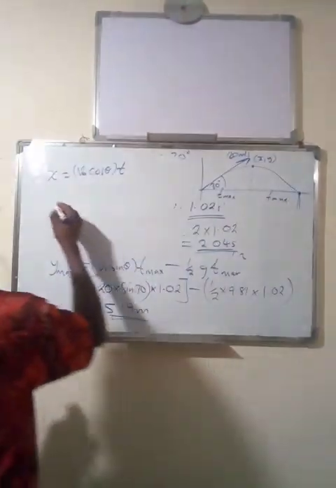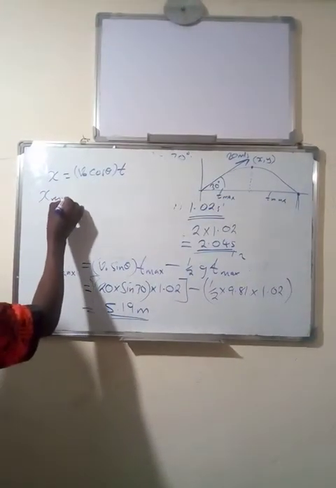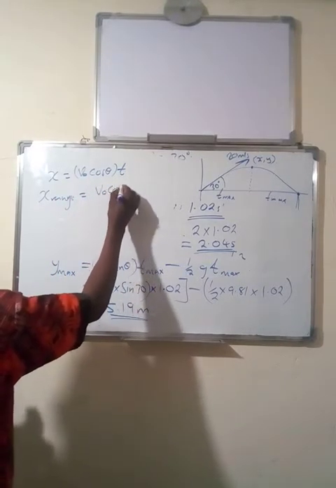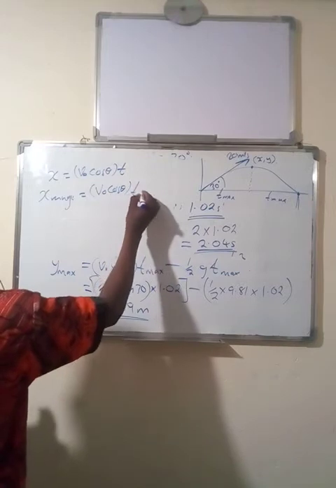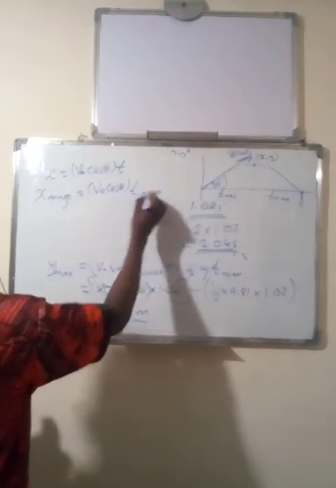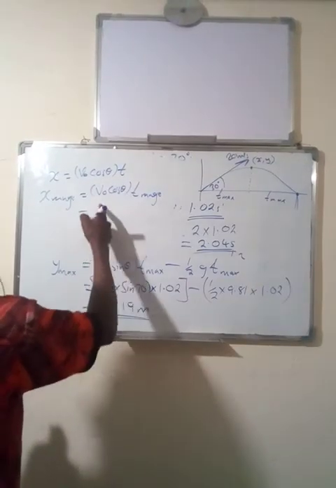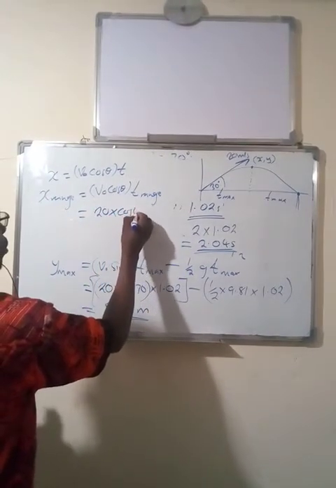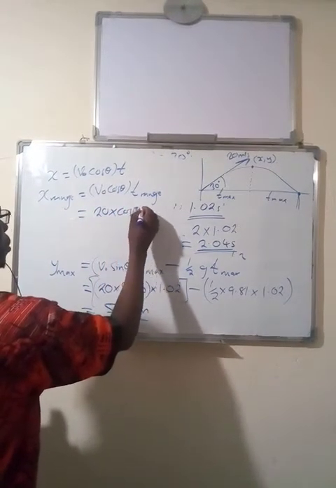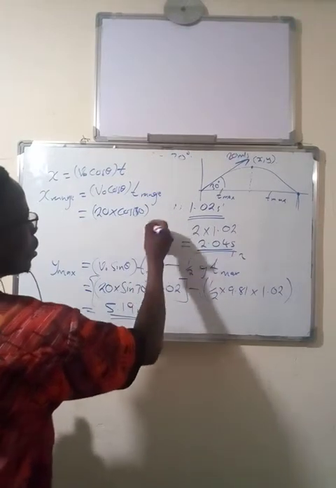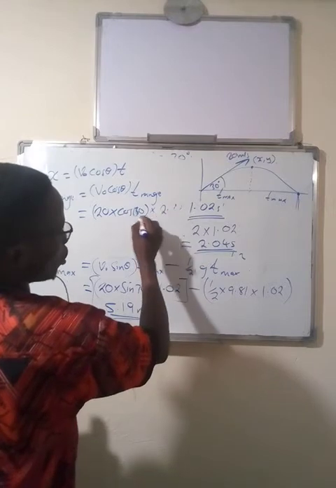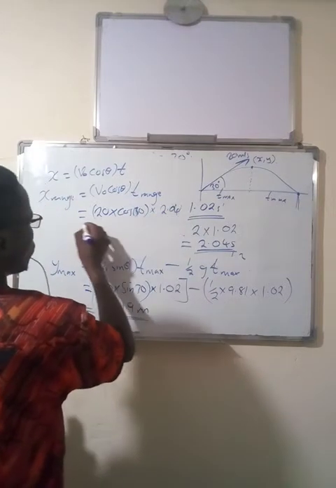So x range is equal to v initial cos theta multiplied by T range, which is going to be equal to V initial, 20, multiplied by cos 30, then multiplied by T range. We calculated that it was 2.04.